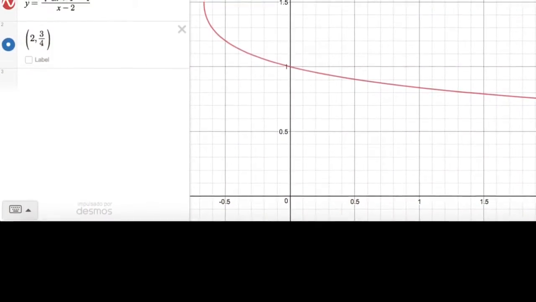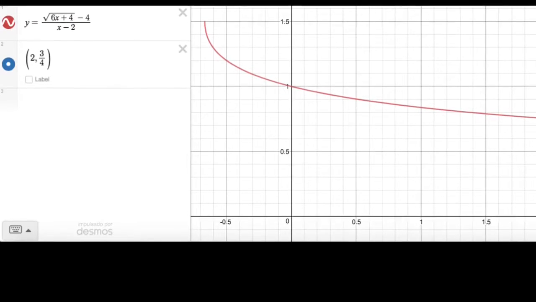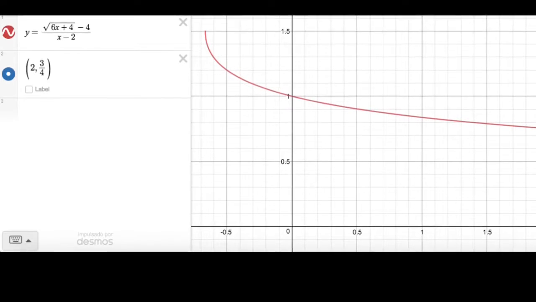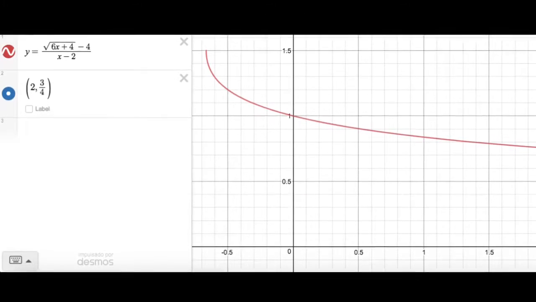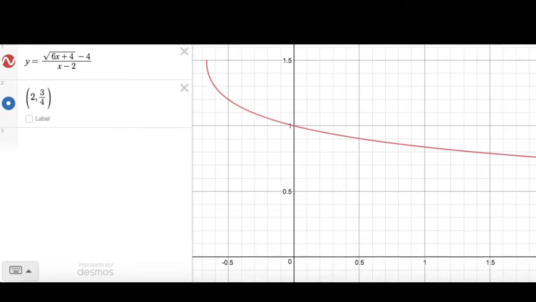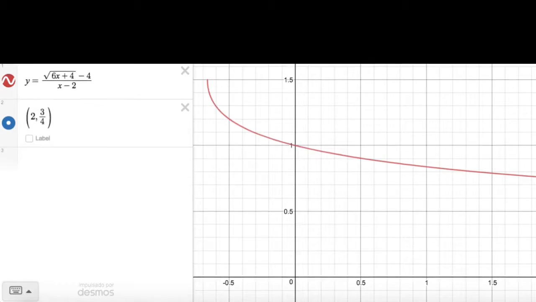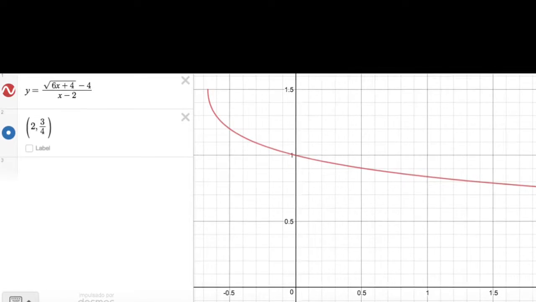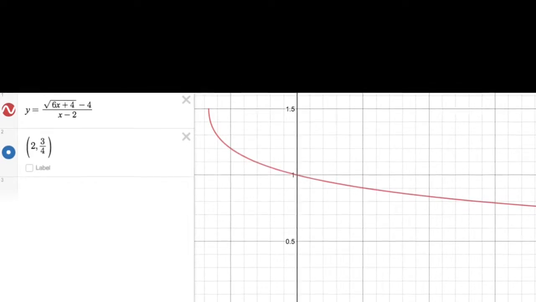As you can see in the graph, whenever we are asked the limit of x as it approaches a certain value, we're being asked what y value the function is approximating from the right and from the left. So in our function, as we can see, when x approaches 2, y is approaching 3 over 4. So therefore our answer was 3 over 4.